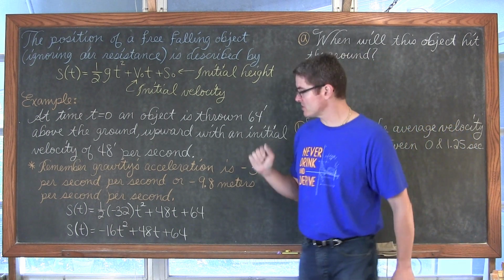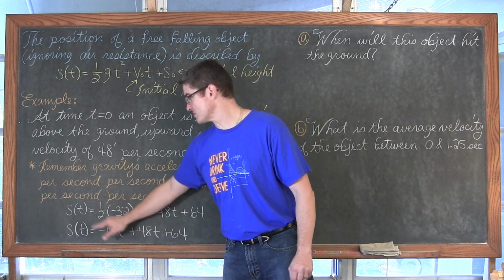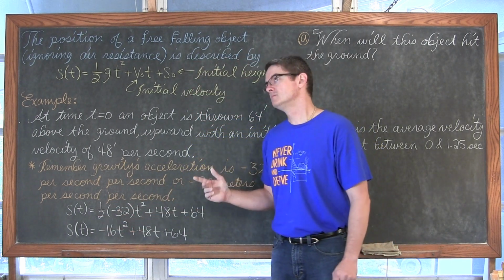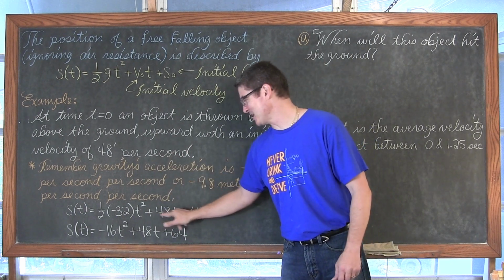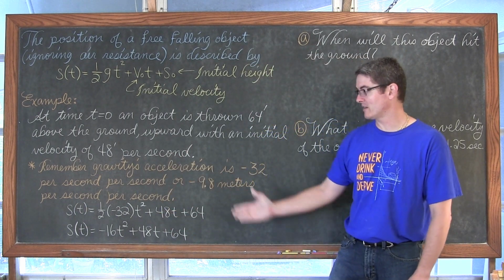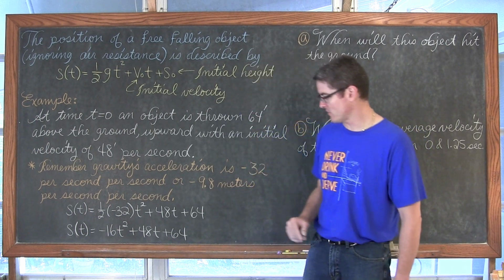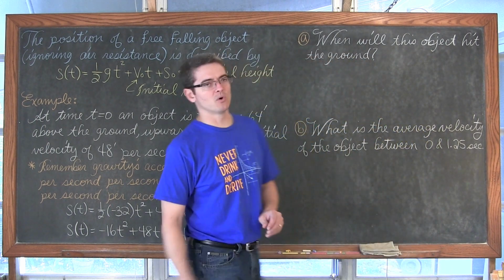So our position function is s of t equals 1/2 times negative 32 times t squared plus 48t plus 64. Cleaning that up, we get s of t equals negative 16t squared plus 48t plus 64.